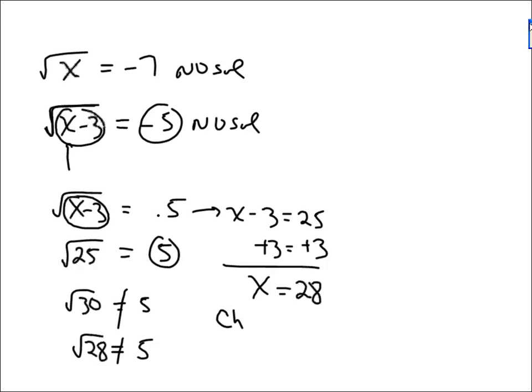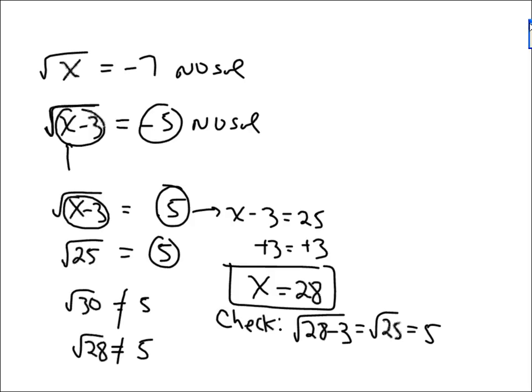And you can check it'll work. X minus 3, the square root of that is the square root of 25, which is 5, just like it was supposed to be. So that is your answer. X is 28. The square root of 28 is not 5.